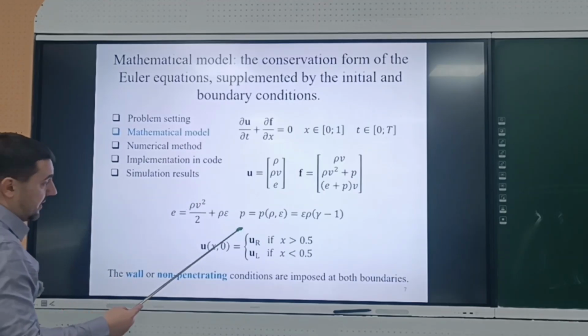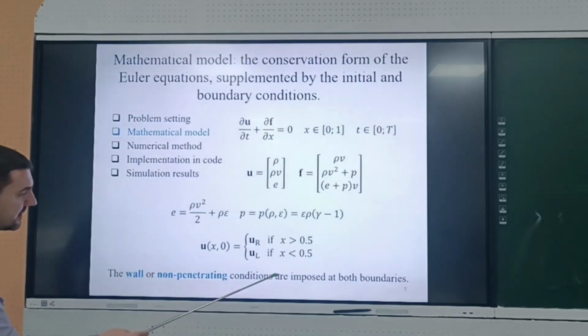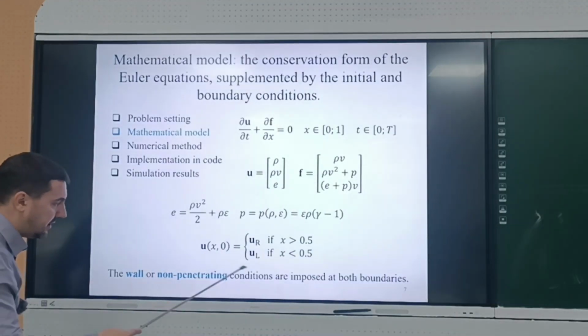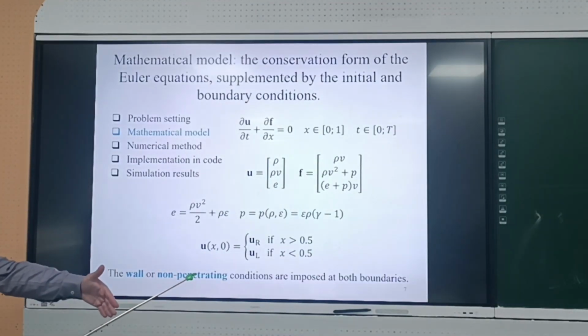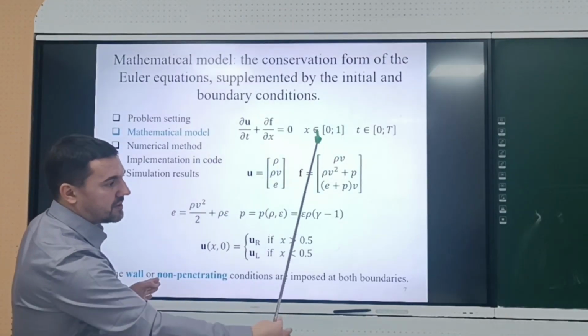And for example, we still consider the ideal gas equation of state with the specific heat ratio gamma. And this is not the real problem. So the initial data follows the idea of the real problem, but the real problem is the Cauchy problem. So in the real problem, we do not have boundaries.